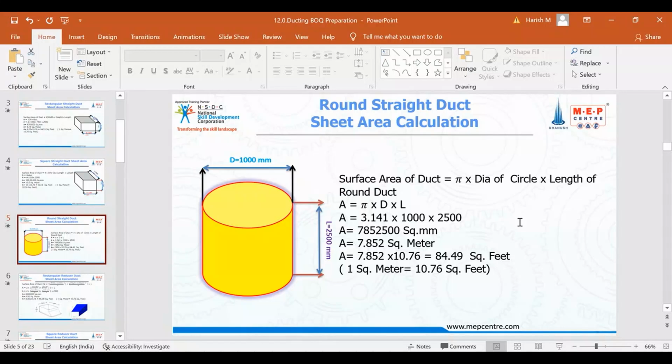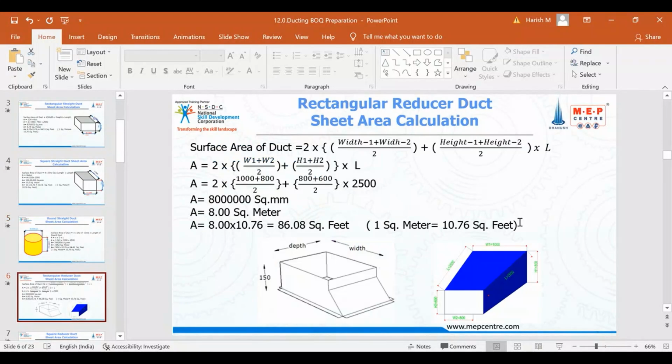Can I move forward? The reducer formula is also the same. 2 into (width plus height) into length is the common formula. But for a reducer we have 2 heights and 2 widths, one side is 1000 and the other side is 600, so we take the average.